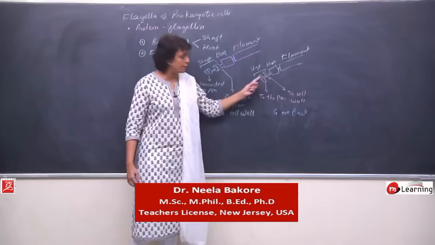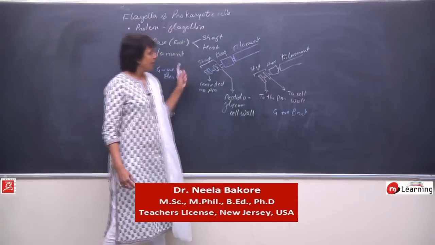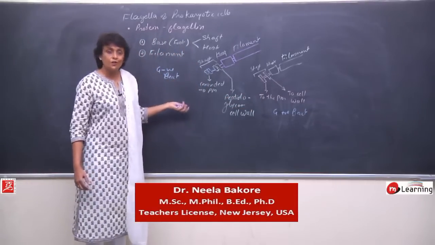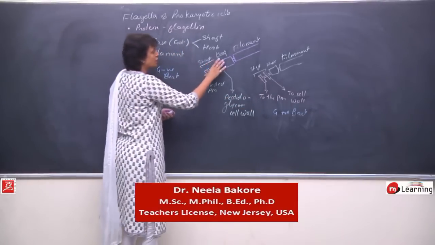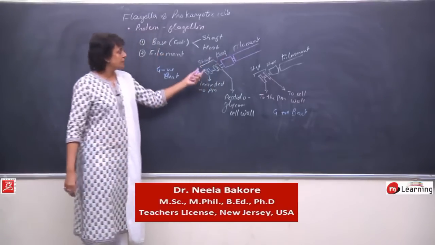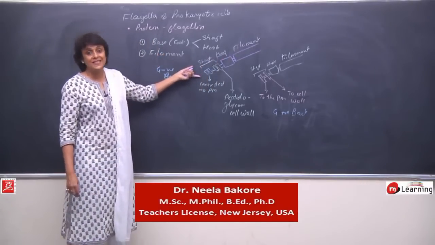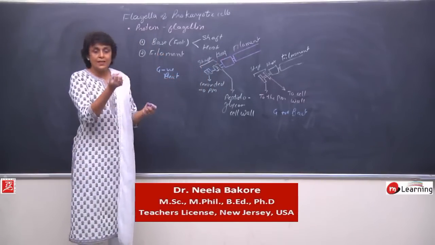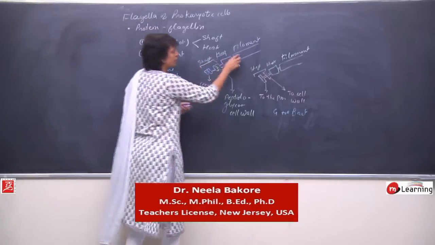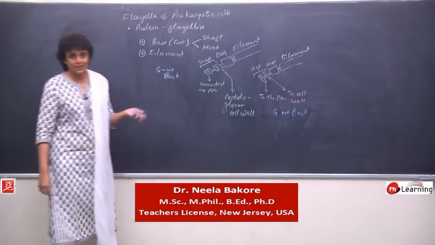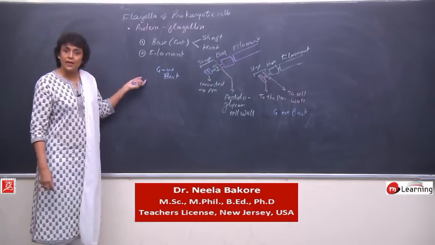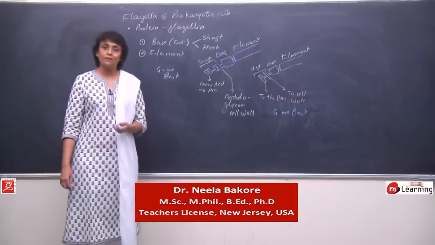Same is the case in the gram-positive also. Movement is again with the expenditure of energy, and because of this shaft and hook, the flagellum is able to move 360 degrees. So it is just an anchoring thing, and this whole structure can rotate completely 360 degrees. So simple structure as compared to eukaryotic flagellum.